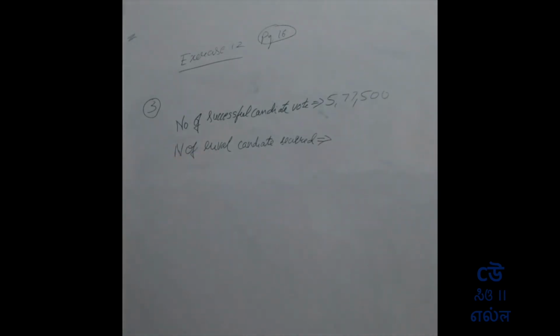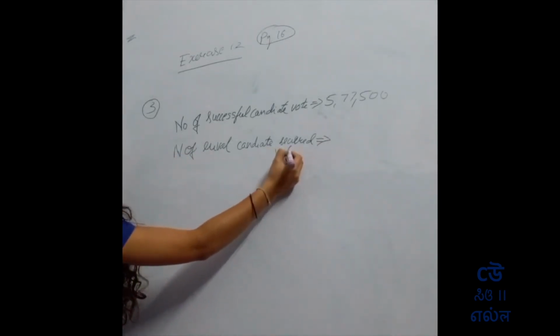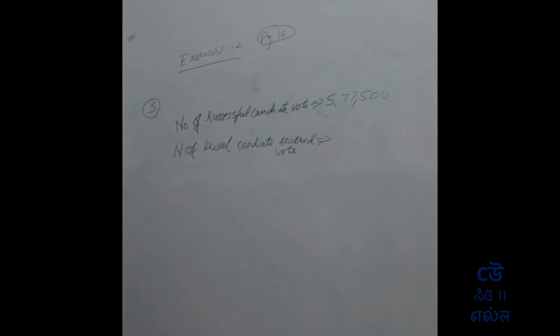Number of rival candidate votes secured was how many? 3,48,700. So we have to find the margin. By what margin was the rival candidate not able to win the election?